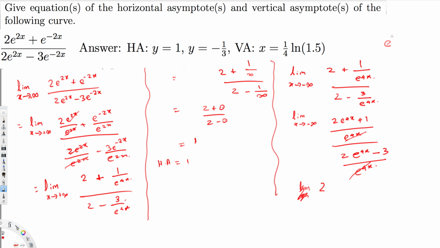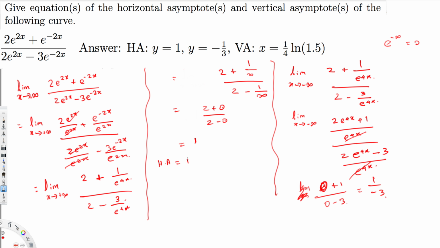That's the general thing we have to know: e^(negative infinity) is equal to 0. So I can write it as 0 plus 1. Then e^(negative infinity) is also 0 here, so 0 minus 3, therefore the final answer is going to be 1 over minus 3. So this is when x approaches negative infinity.